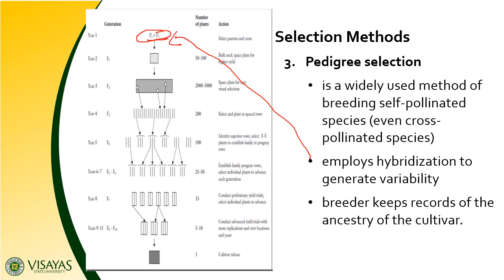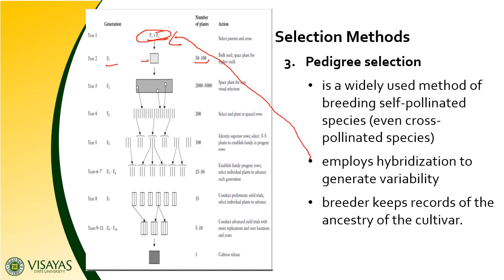And then after that, you create F1. So you plant the F1 in the following year. F1 consists of 150 to 100 seeds. And then you have to bulk those seeds. You self-pollinate the F1.